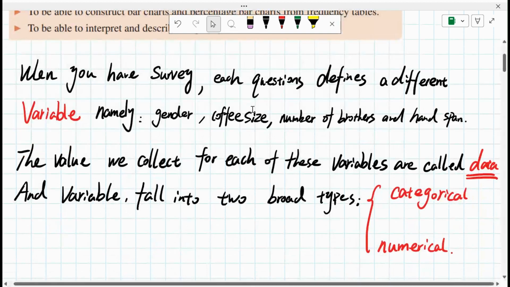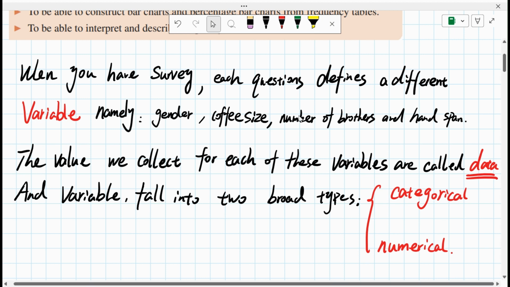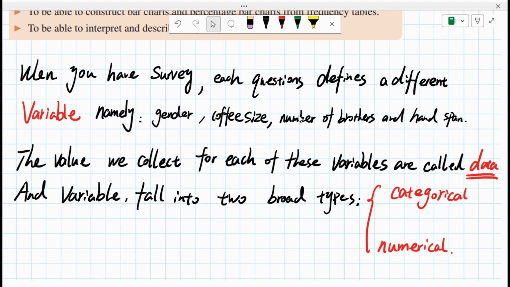So let's start with some wordy things which are not very familiar, sorry, in General Maths. First thing, you will have some survey where each question defines a different variable, namely like gender, coffee size, number of brothers in your family, and also handspan.